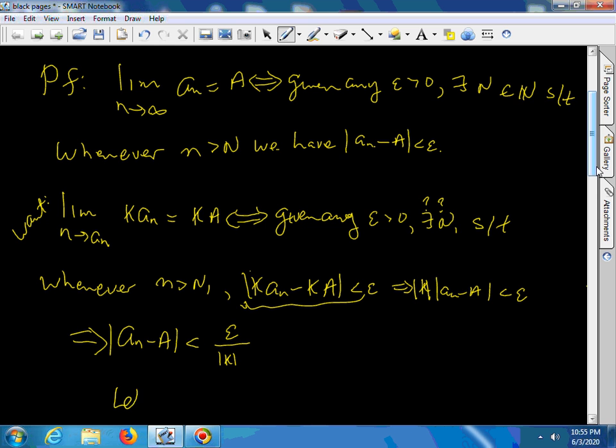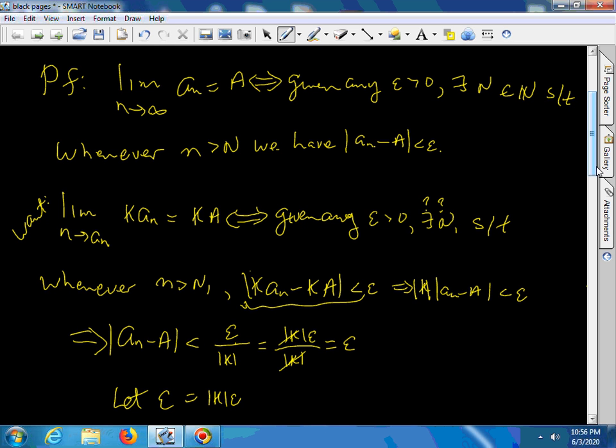Well, if I let epsilon equal the absolute value of k times another epsilon, well then I get epsilon. Because the new epsilon is replaced with the absolute value of k times another epsilon over the absolute value of k. That cancels out, and this gives us our epsilon.